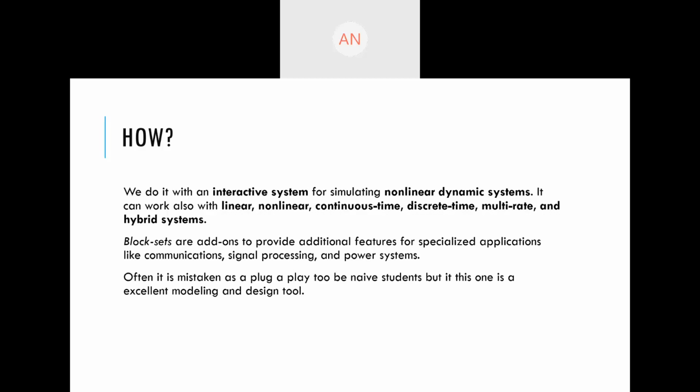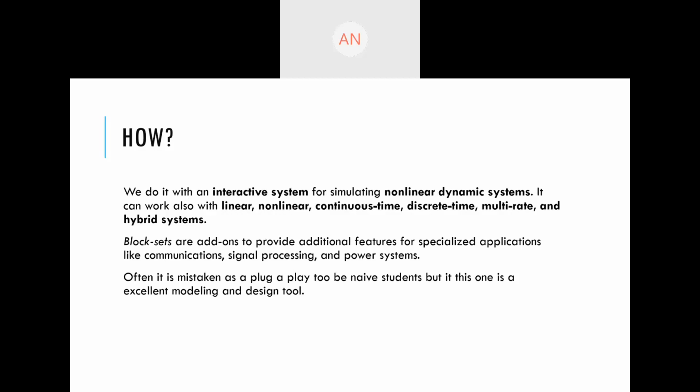We do it with an interactive system, which in this unmanned car is a non-linear dynamic system, right? So it can also be used for linear, non-linear, continuous time, discrete time, multi-rate, and hybrid systems. It is also used for certain specialized applications such as communication, signal processing, and power systems.